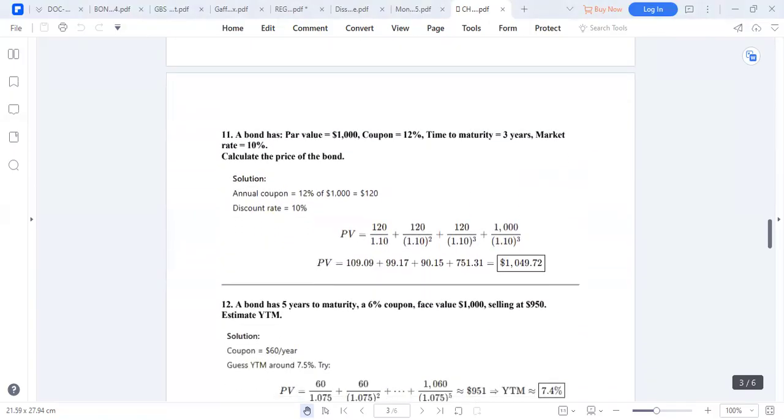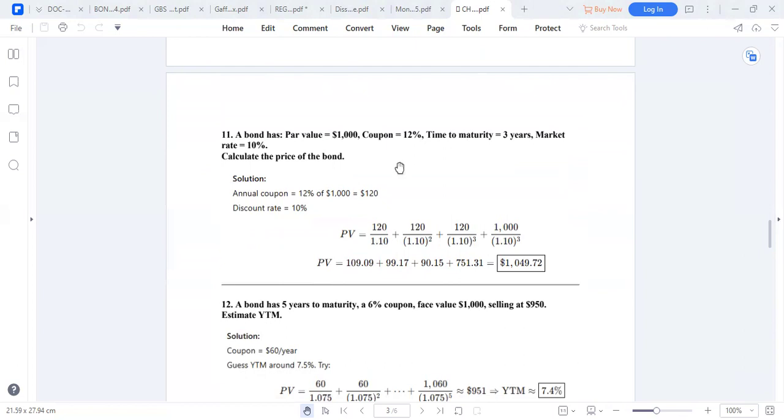Okay, then we went to the second section where we're looking at computations for a bond price. A bond has a par value of 1,000, coupon interest of 12%, and time to maturity is 3 years. What is the value of the bond?